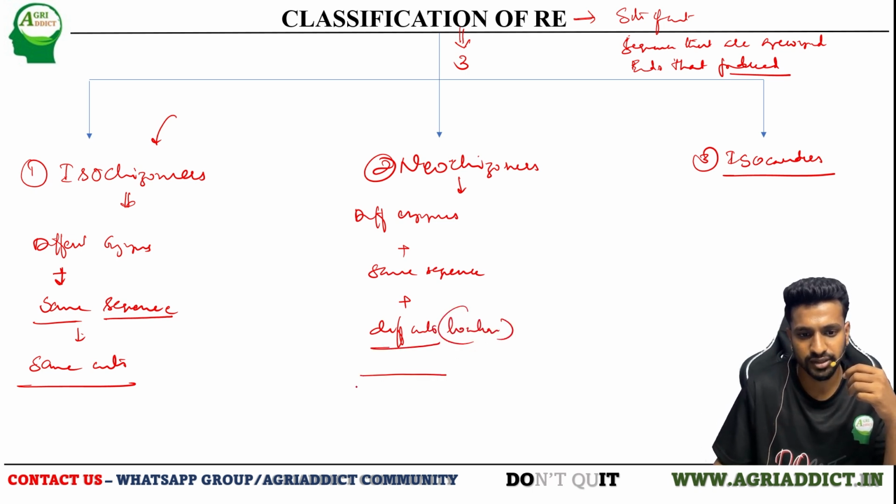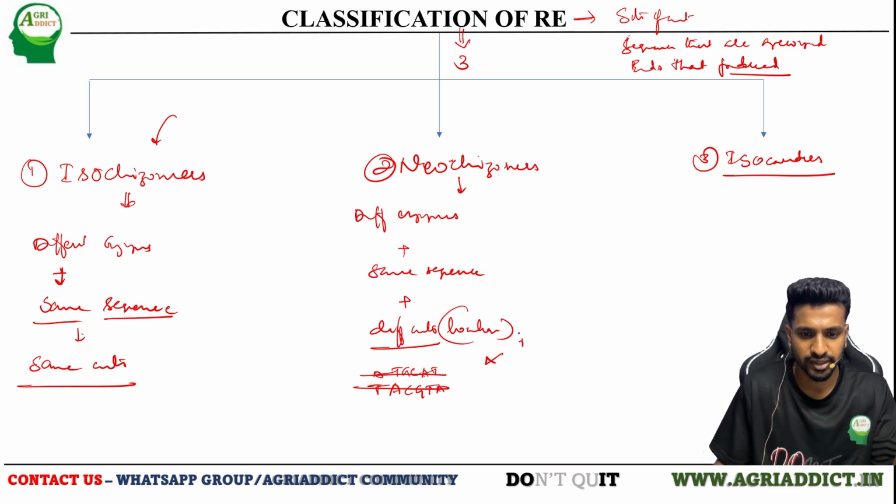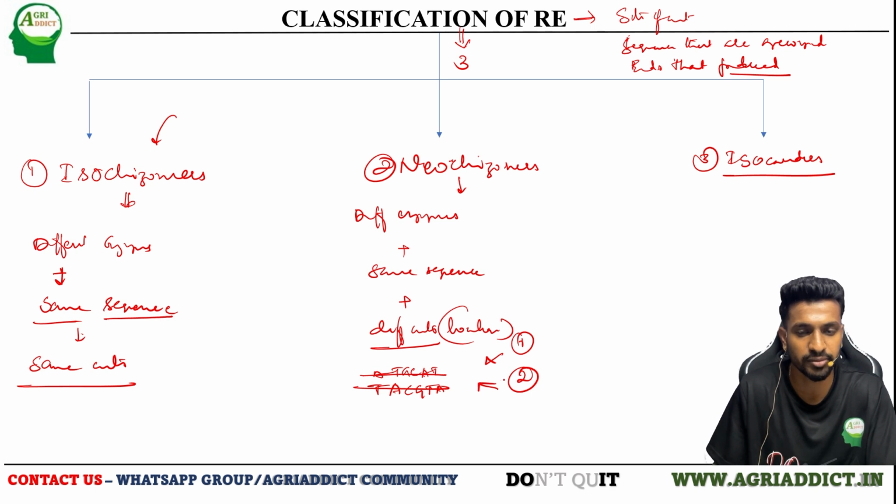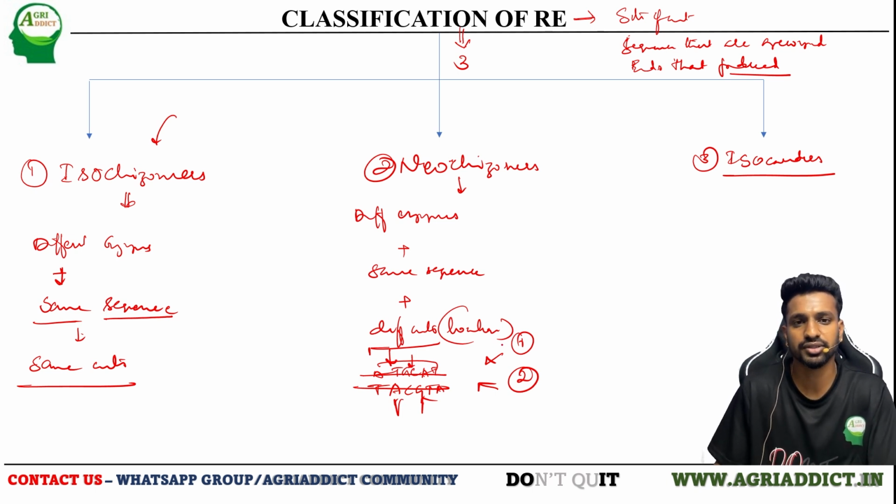That means if this is a certain stretch of DNA, ATGCTA, and in the opposite strand TACGAT, and I introduce two different restriction enzymes 1 and 2, since both have the same recognition site, they identify the same nucleotide sequence, they can both cleave the same DNA at the same sequence, but at a different location. For example, one cleaves at this location, the other might cleave at some other location within the same restriction site. So that is what neoschizomer means.